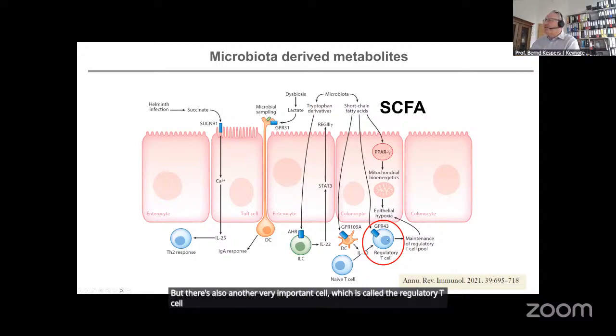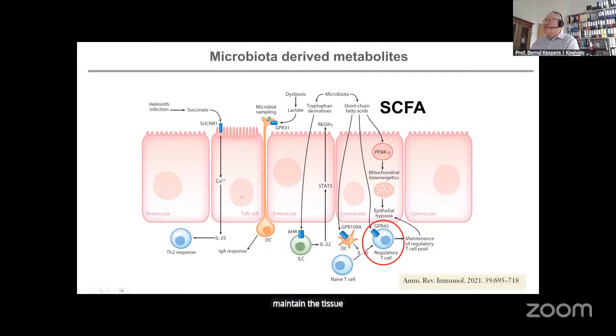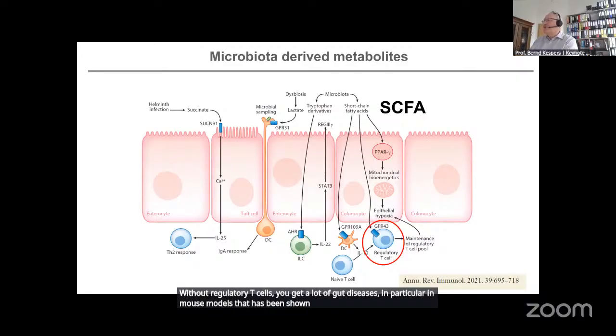And regulatory T cells are critically important to maintain the tissue integrity in the gut. Without regulatory T cells, you get a lot of gut diseases. In particular, in mouse models, it has been shown that this leads to chronic intestinal inflammation and death of the birds. And this particular T cell population is absolutely critical.